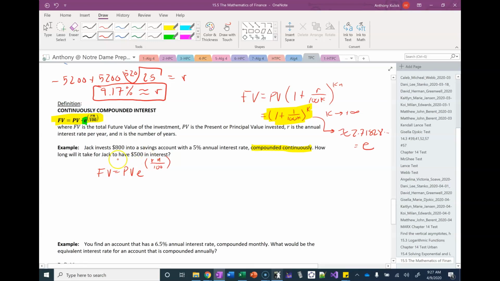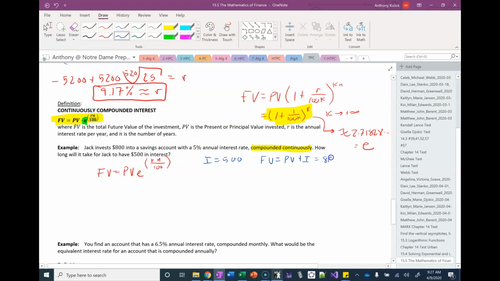And it says, how long will it take for Jack to have $500 in interest? So if the interest is equal to 500, I know that the future value is equal to the present value plus the interest.